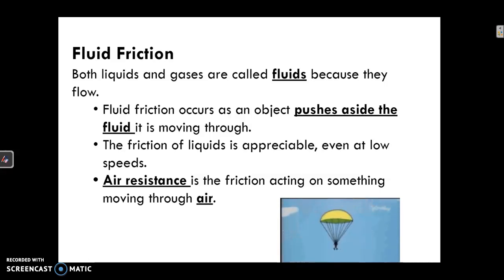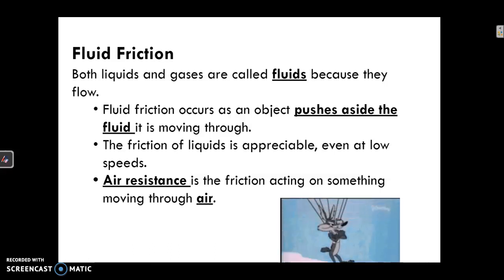So we have air resistance that is opposing his falling motion, so acting upward. And then we have the weight of Wile E. Coyote acting down. Okay, so as he pulls that parachute, it's going to increase his surface area. So this is going to allow air resistance to have a greater effect on his motion. So he's going to slow down even more once he pulls that parachute.